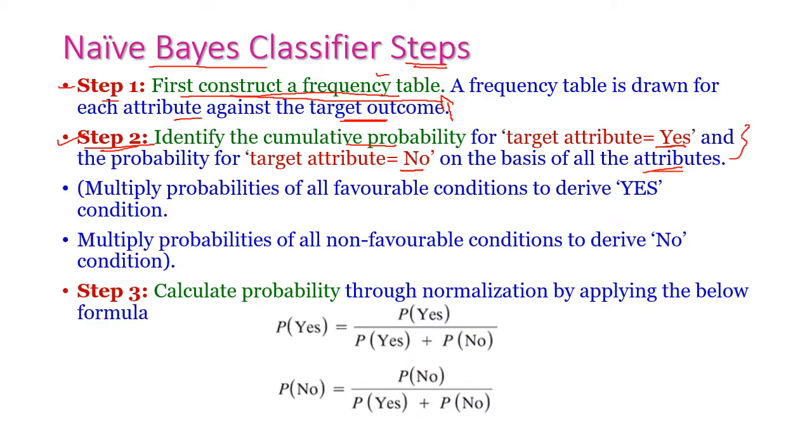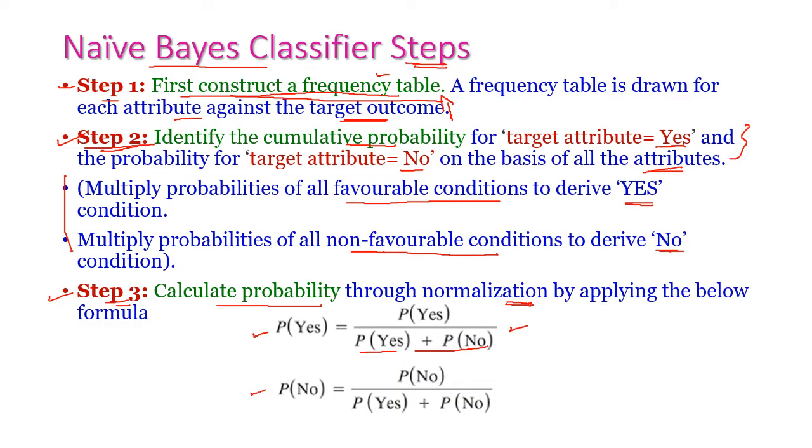So this is step 2, that is multiply probabilities of all favorable conditions to drive yes and all non-favorable conditions to drive no. Okay, this is step 2. And when we come to step 3, here we need to calculate the probability through normalization by applying the formula, that is probability of yes, which is equal to P(yes) divided by P(yes) plus P(no).